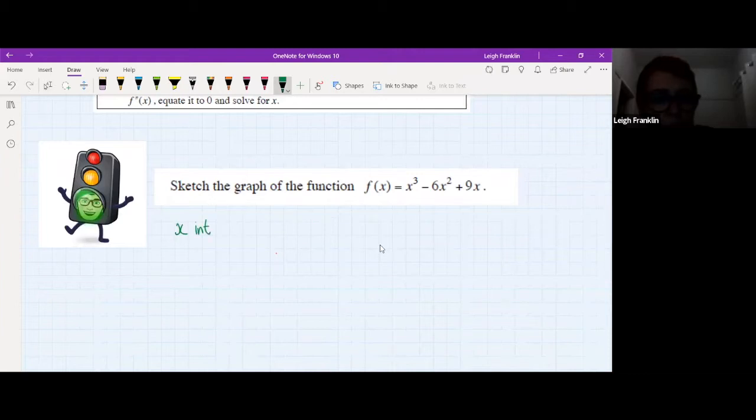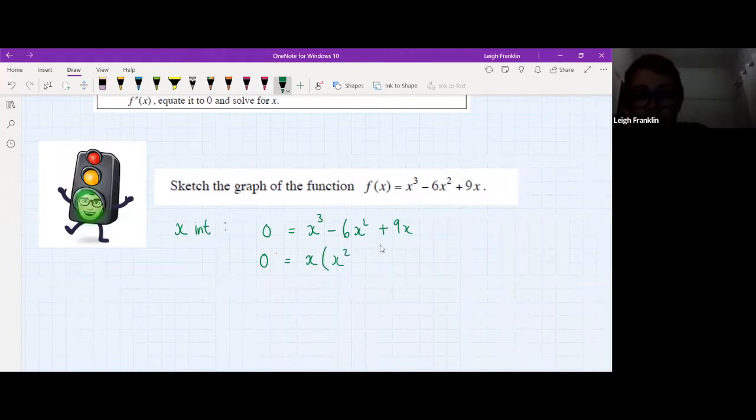This is something that we actually know how to do. We make y equal to 0. And now we factorize. We take out x. This leaves us with x squared minus 6x plus 9. And then we factorize our trinomial, and we end up with x minus 3 times x minus 3.